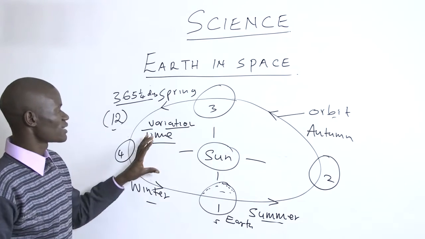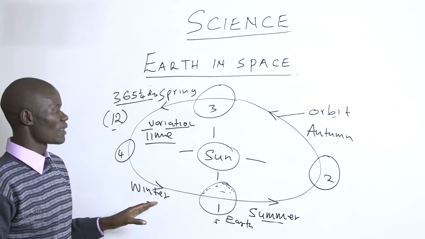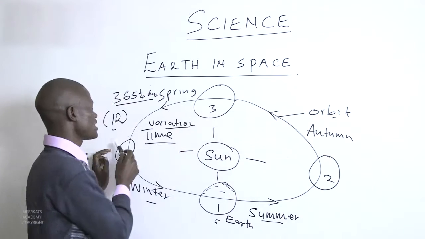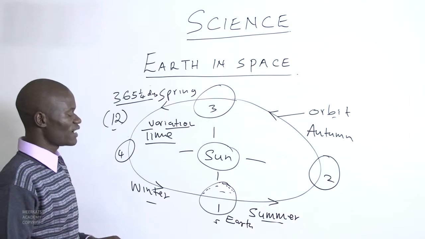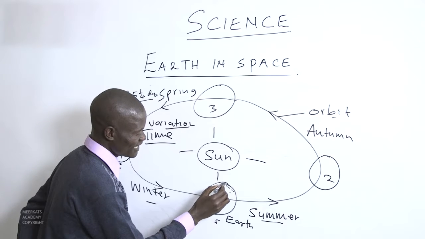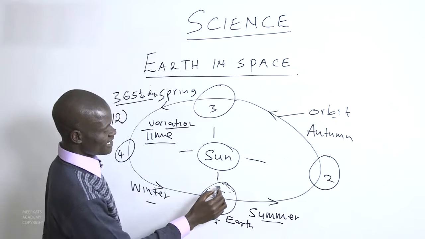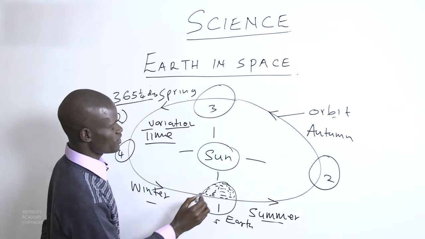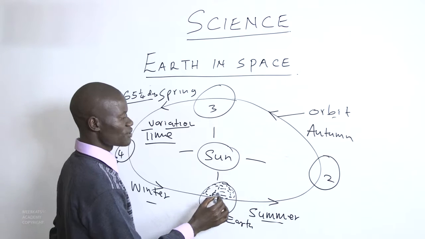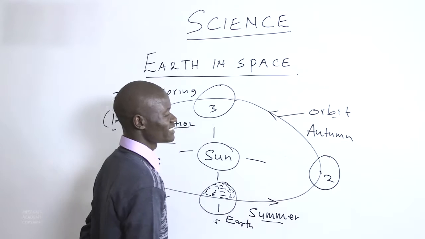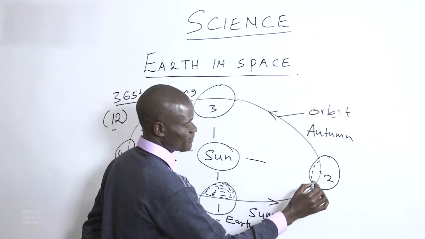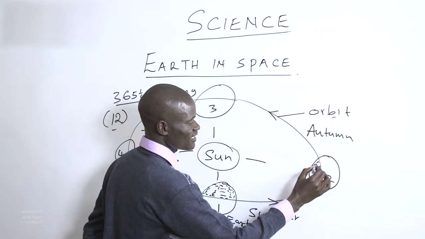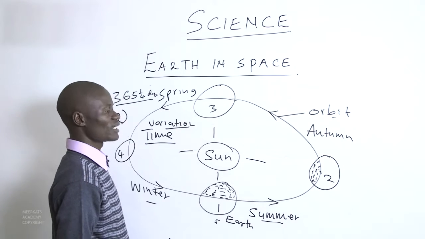As the Earth revolves around the sun, representing various seasons, this region will receive light, that is solar radiation. As it moves to this point, it changes. The same face does not receive solar radiation.